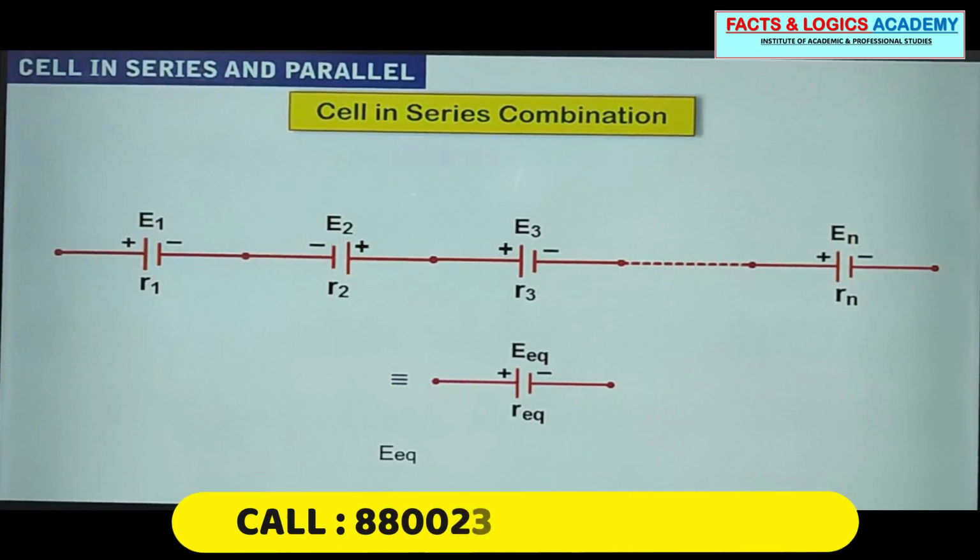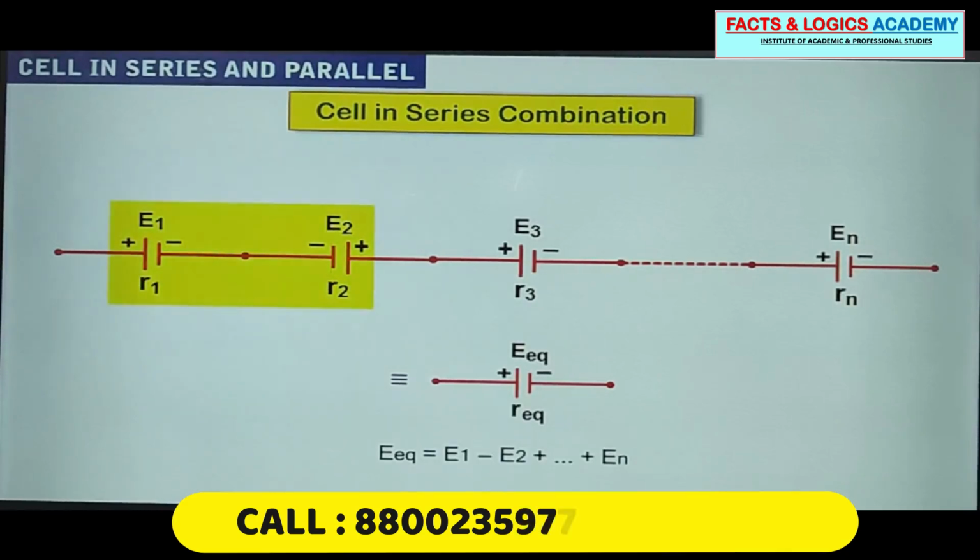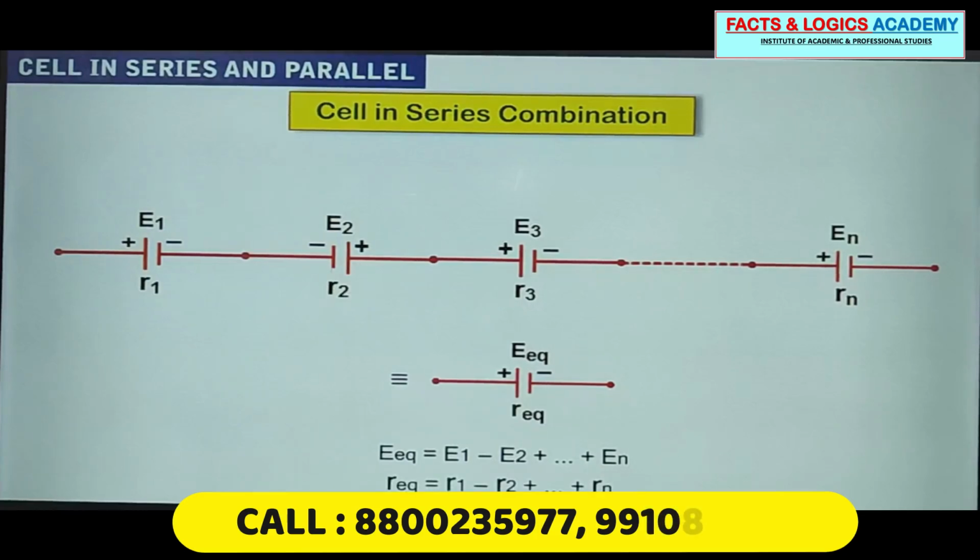If in the combination, the current leaves any cell from the negative electrode, the EMF of that cell will bear a negative sign. Rule number 2. The equivalent internal resistance of a series combination of n number of cells is the sum of their internal resistances irrespective of the orientation of the terminals of the cells in the series combination.